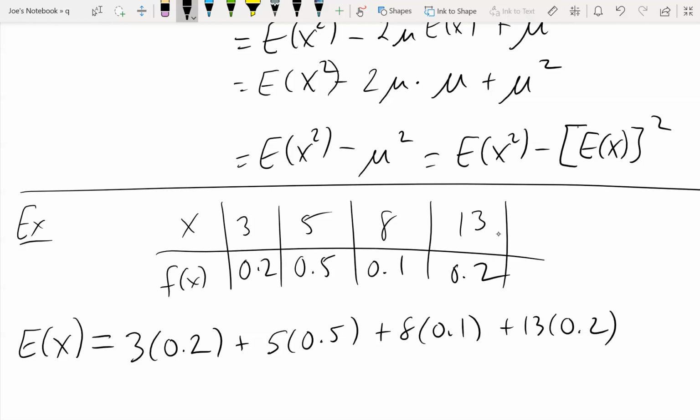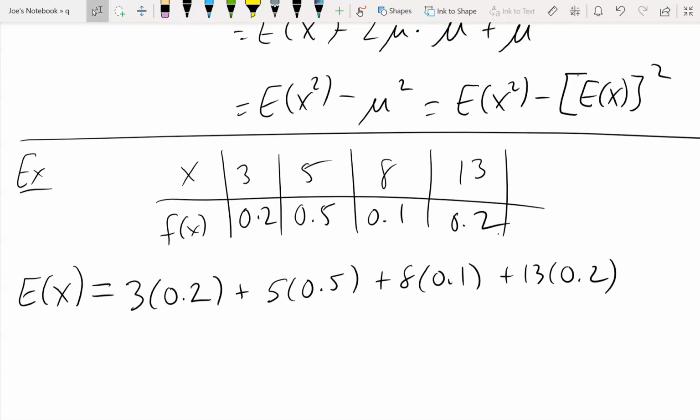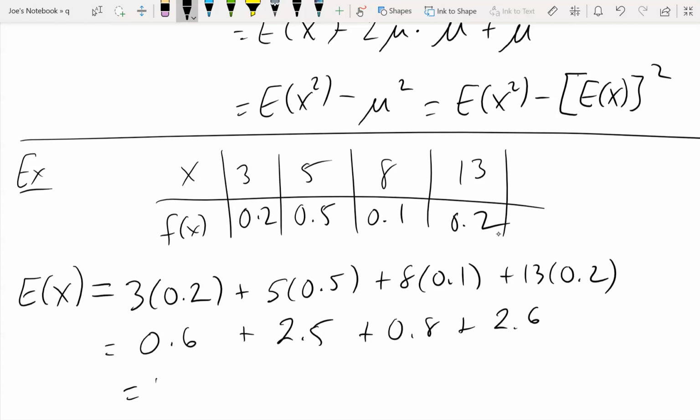All right. So we would get 0.6, 2.5, 0.8, and 2.6. Plus 5.1, 6.5, if I did my arithmetic correctly.